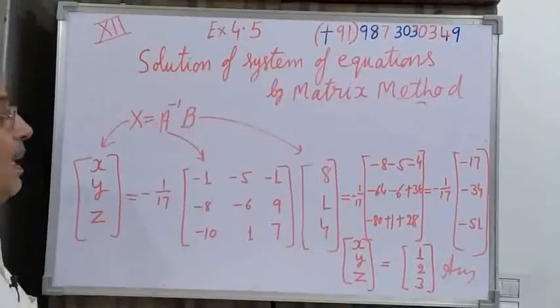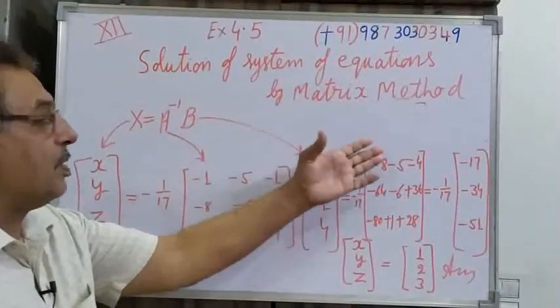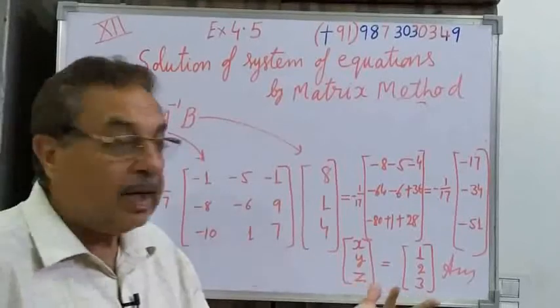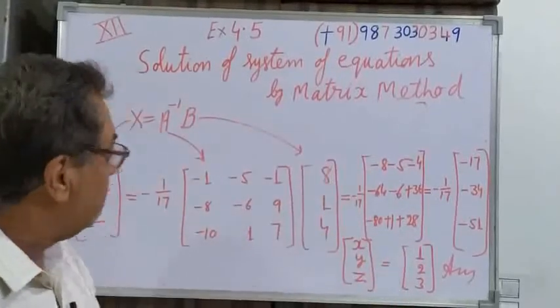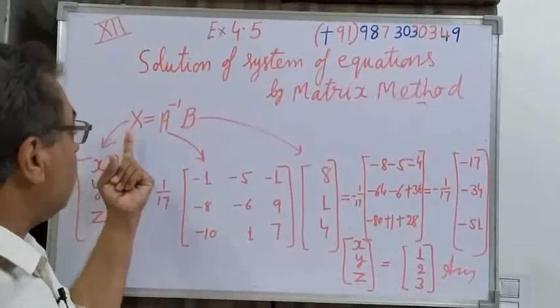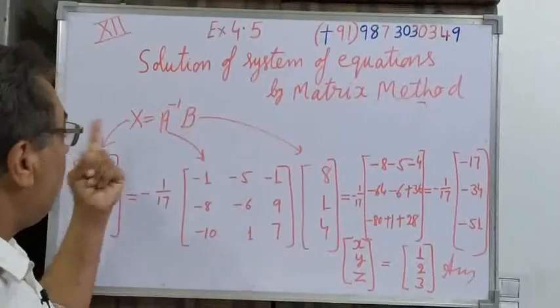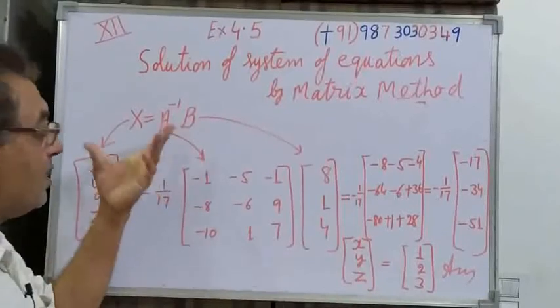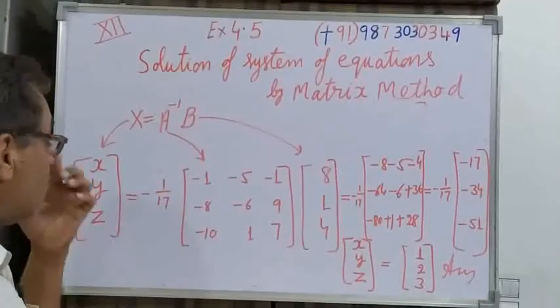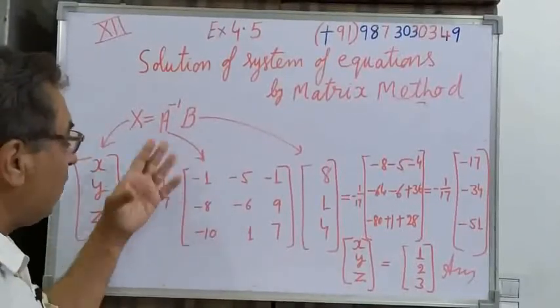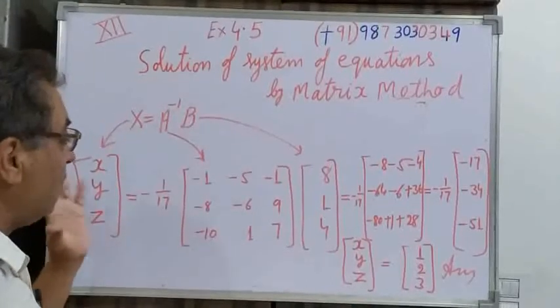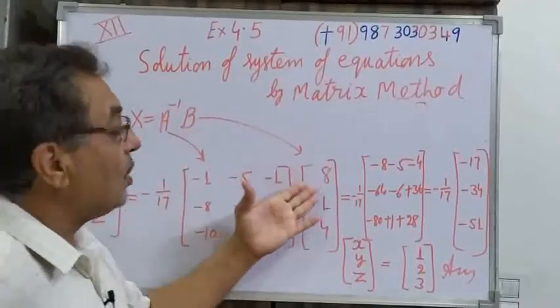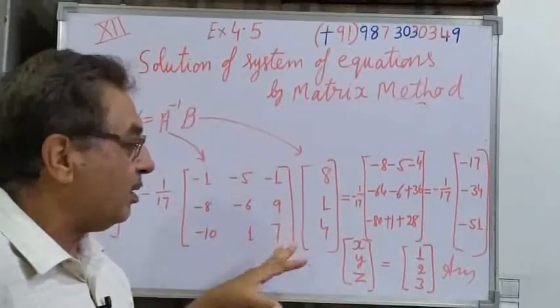This is the total method of how to solve the system of equations with the three variables x, y, z by the matrix method. What we have done is used the concept x equals A inverse B. The matrix A is made from the coefficients of the variables, and we find the inverse of that. Then B is all the constant terms without x, y, z lying in the three equations.